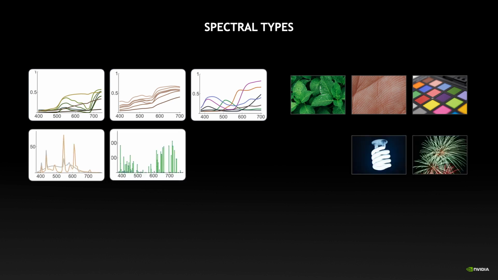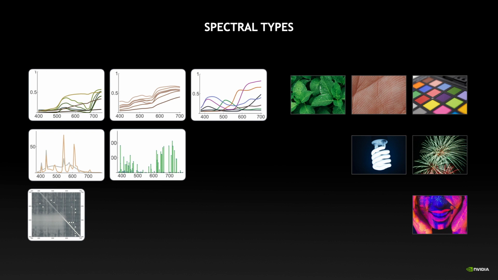In contrast to those, we have what we call artificial spectra: spectra of light sources, of elements which exhibit peak structure, so discontinuities and spikes in their shape. Orthogonal to both of them, fluorescence data is special, and it's not so much about the shape of the spectrum, more about the fact that you need a two-dimensional data structure here: one which encodes the absorption and one which encodes the re-emission.